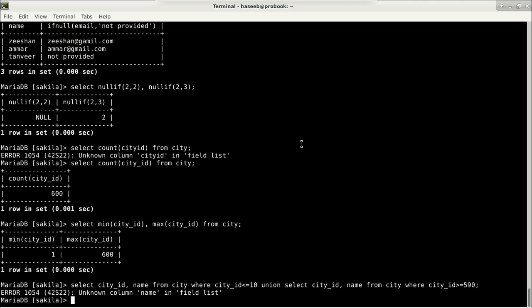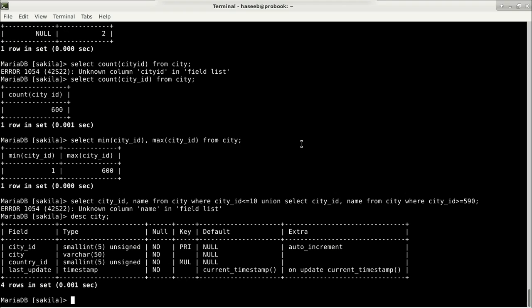Oh, column name does not exist. Describe. Oh, instead of name, the column name is city itself. City.